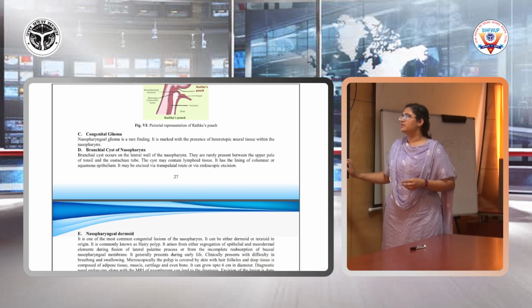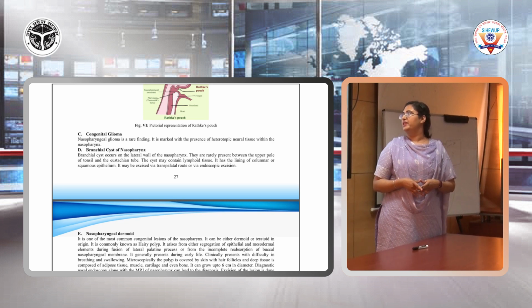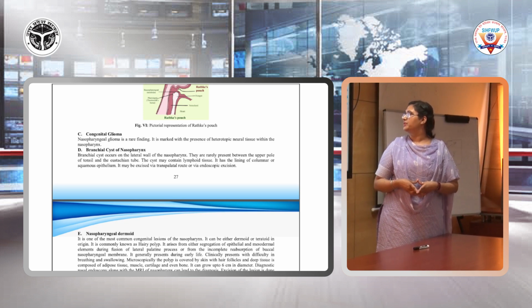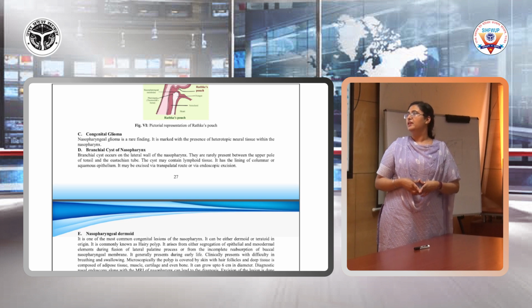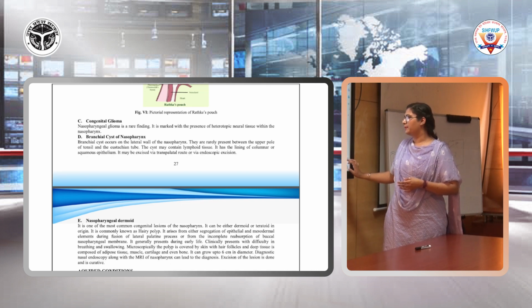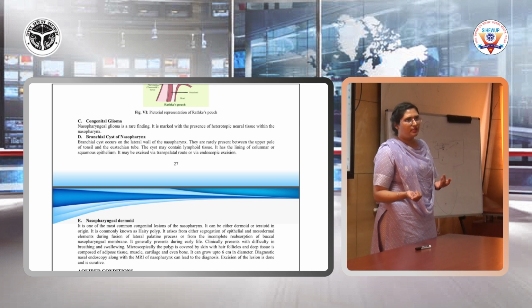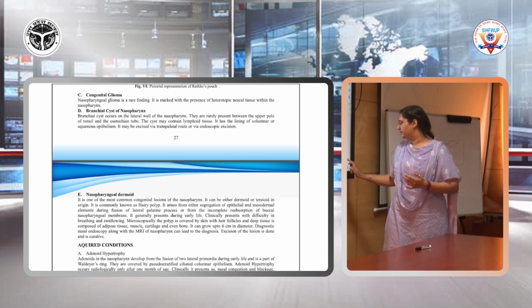The next one is congenital glioma. Nasopharyngeal glioma is a rare finding, marked by the presence of heterotopic neural tissue within the nasopharynx. Then we have branchial cyst of the nasopharynx, also very rare. Most commonly transpalatal or endoscopic approaches are done.